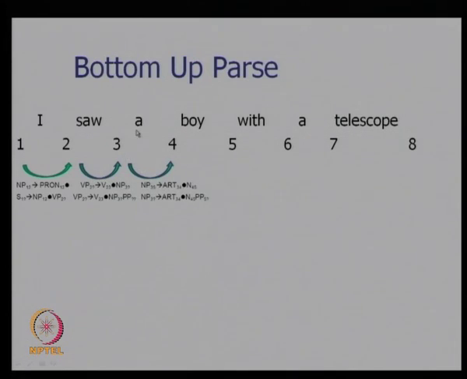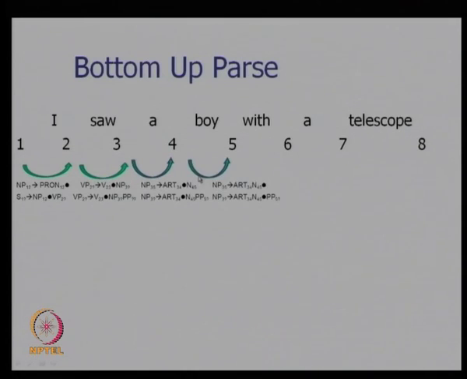When we go to the next word, which is A, an article has been found, thereby the noun phrase has completed the work of article, a noun has to be found, or a noun phrase has completed the work of noun and the noun and preposition phrase has to be found. Now, boy is resolved. So, a noun has been found between 4 and 5, that resolves a noun phrase between 3 and 5, a boy, and it also resolves partially another noun phrase which is article and noun, but we have to find a preposition phrase after that.